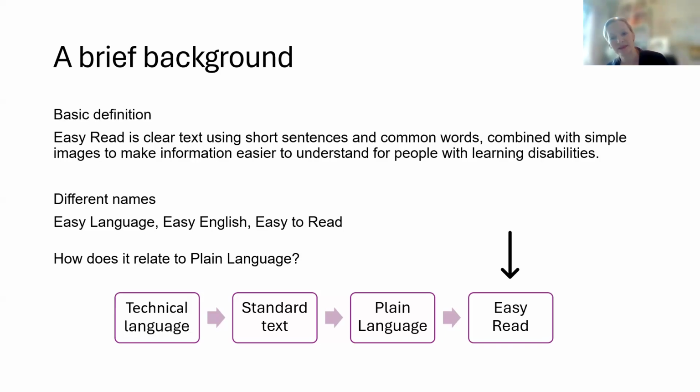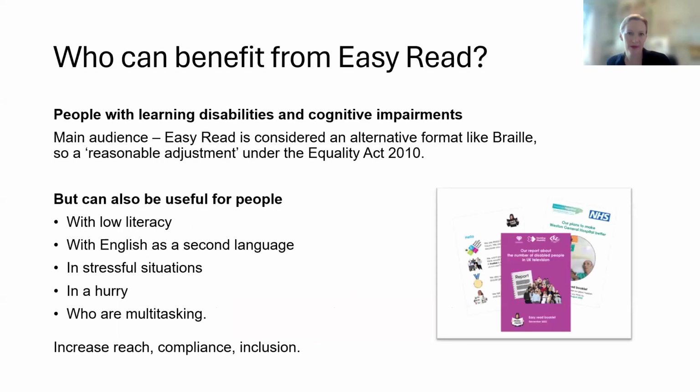And then even simpler still is easy read. This one is very formulaic and includes images. The images are quite often photos, but they could really be anything: diagrams. Some companies and translators prefer to use symbols, or a combination of all different mediums.